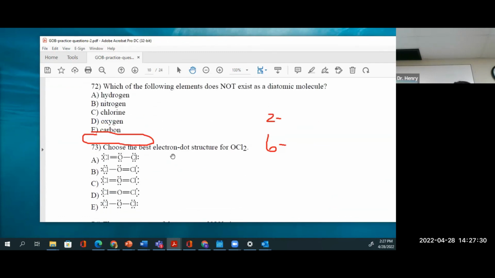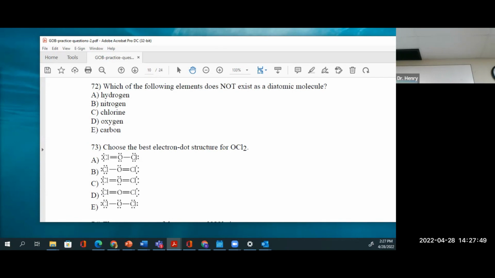Which of the following elements does not exist as a diatomic element? Who are your diatomics? Have no fear of ice cold beer.